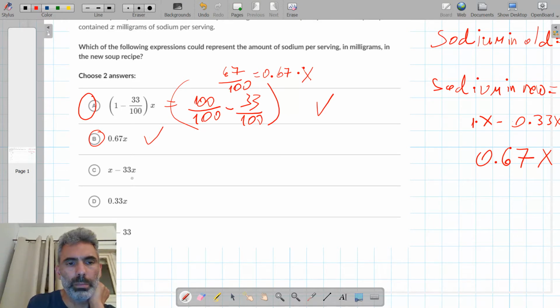X minus 33x, no, because x minus 33x will end up with minus 32x, which is incorrect. And 0.33x is incorrect because this does not represent the amount of sodium in the new recipe. It represents the difference in sodium between the old and the new recipe.